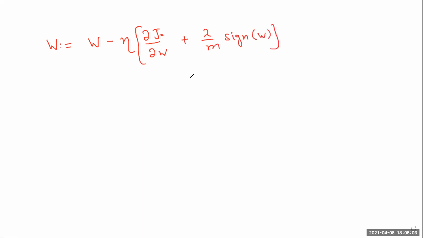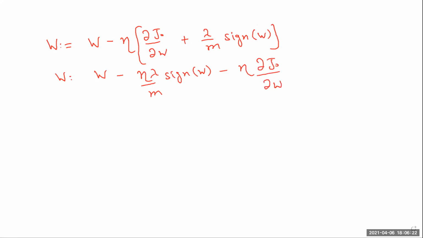The weight update equation in this case will become W, the previous value of weight, minus learning rate into J naught and lambda by m sign of W. We can slightly rearrange this expression and say this is W minus learning rate lambda by m sign of W, minus learning rate of this thing.